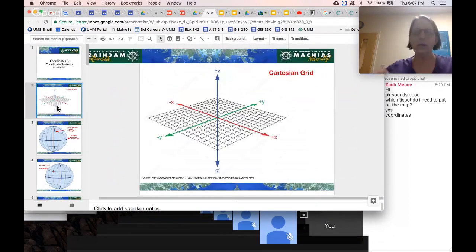Okay, so here's what the Cartesian coordinate system looks like when it's just all squares, right? And this is with all 3 dimensions. And so you've got the X and Y and the Z coordinate. And when you're pinning it to the Earth, the Z coordinate is going from the center of the Earth out into space, right?